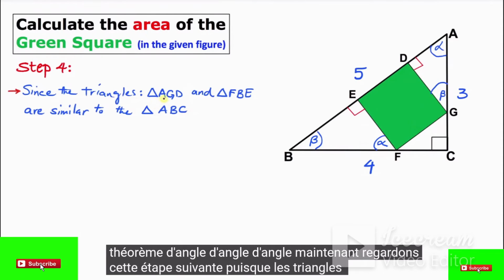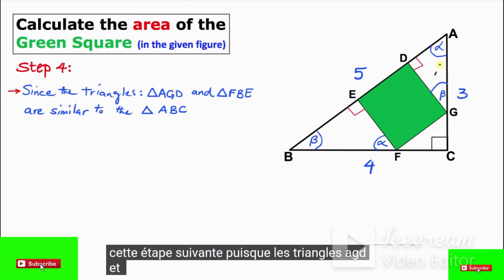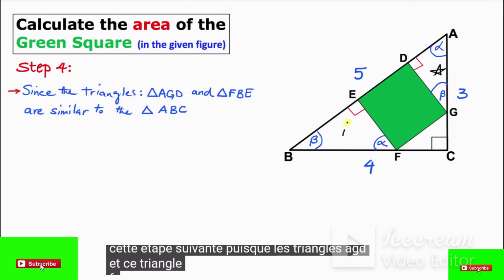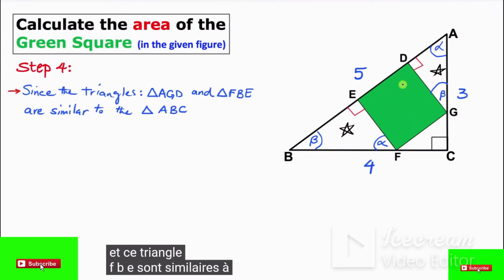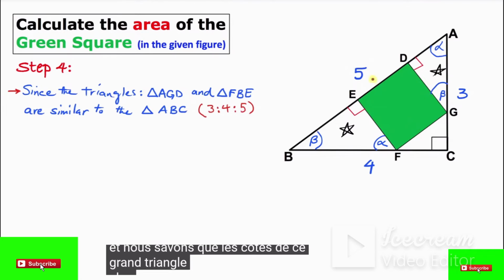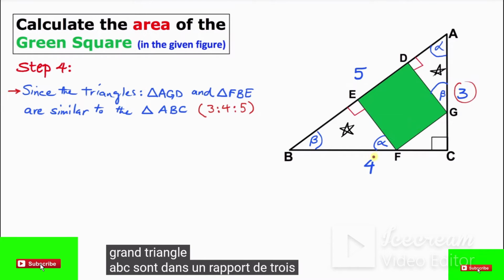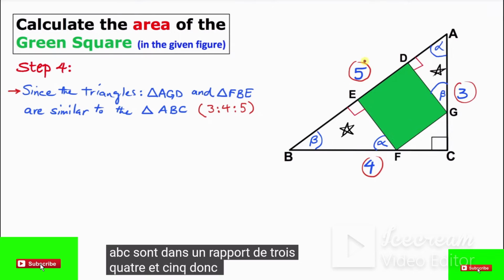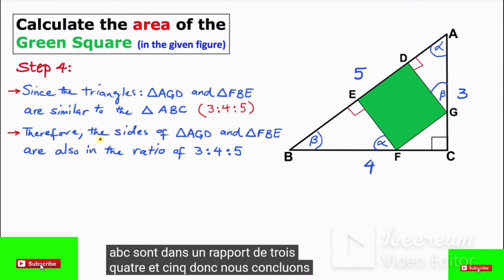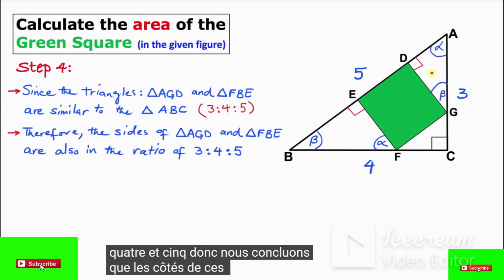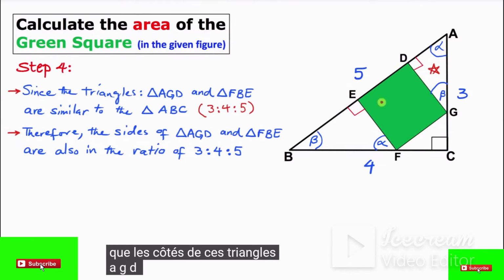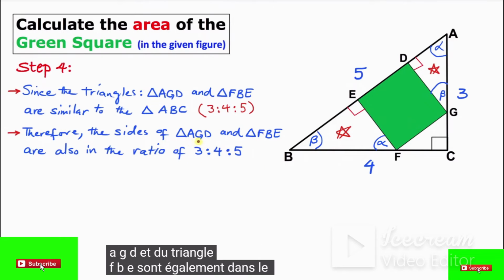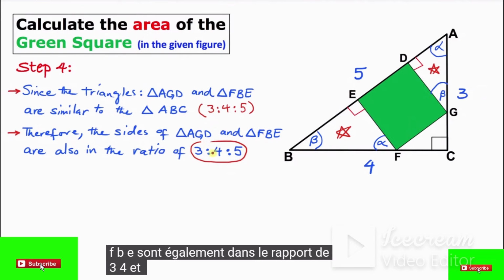Since the triangles AGD and FBE are similar to this big triangle ABC, and we know that the sides of this big triangle ABC are in a ratio of 3, 4 and 5, therefore we conclude that the sides of these triangles AGD and the triangle FBE are also in the ratio of 3, 4 and 5.